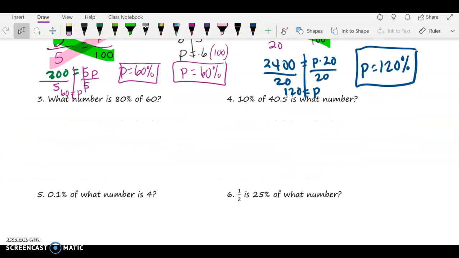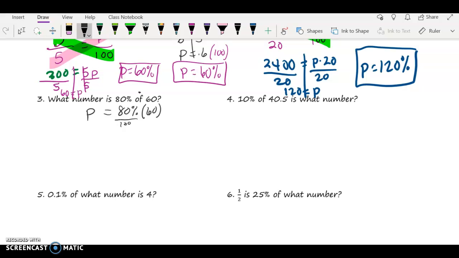Number 3, I'm going to use the equations method. So what number is means equals. What number is, so since that's next to our is, we know this is our part. So my part equals 80% times 60, because of means multiply. Before I can do anything with this, I have to take my percent and divide by 100.